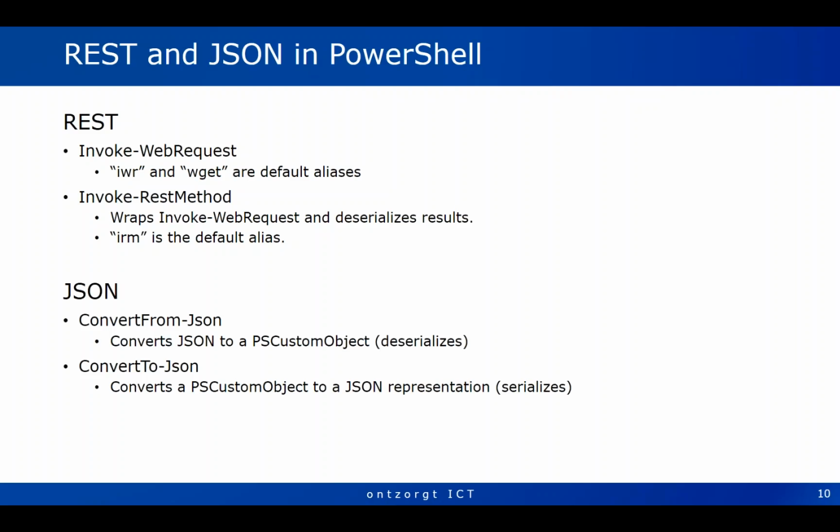We can then deserialize that into a PowerShell object, so we then have access to the object properties, in terms of the port that it's listening on and the IP addresses and all that sort of information.